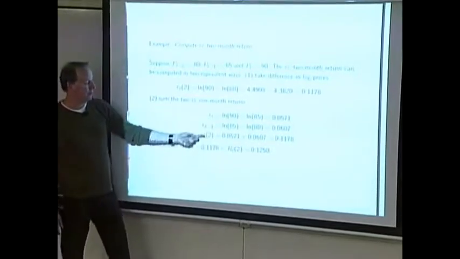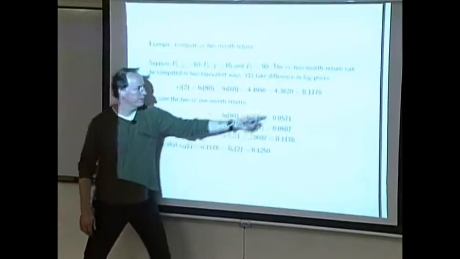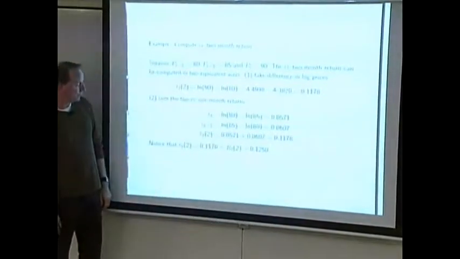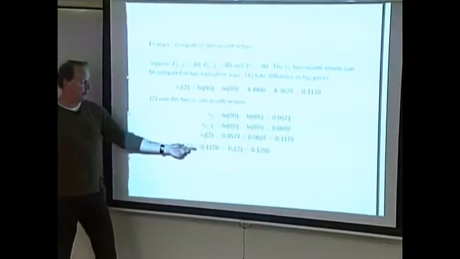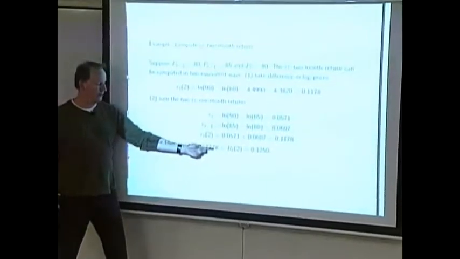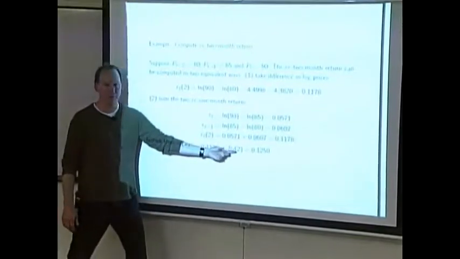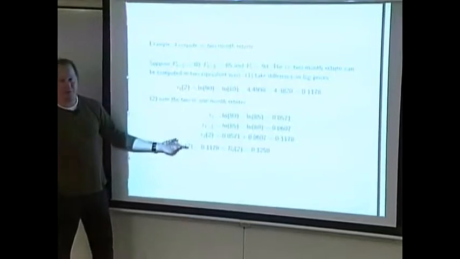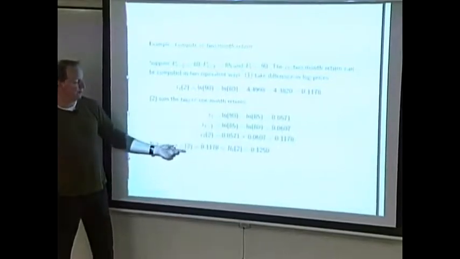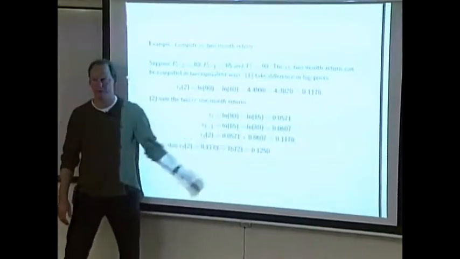And so the 2-month return, the sum of the 2 1-month returns, is the same thing here. Now, notice that the 2-month continuously compounded return, 11.78%, is smaller than the 2-month simple return. And again, this is because we have continuously compounded interest over 2 months, and this is just simple interest over 2 months.